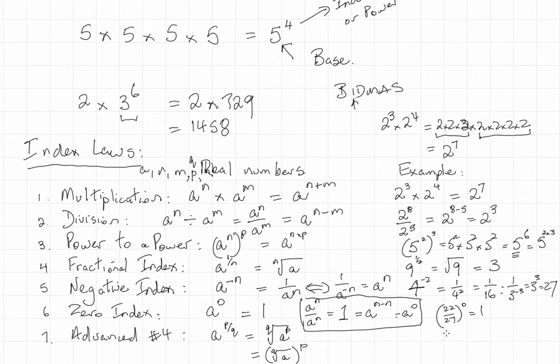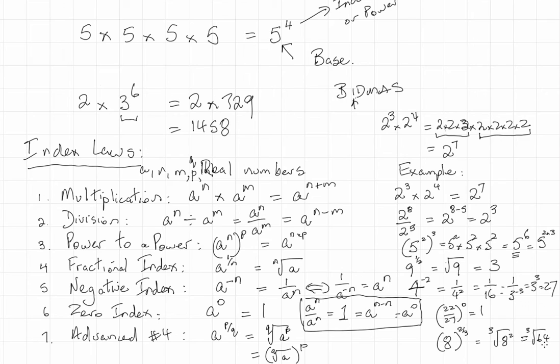So how does that work? If we had 8 to the power of 2/3, that is equal to the third root of 8 to the power of 2, which equals the third root of 8 squared, which is 64.